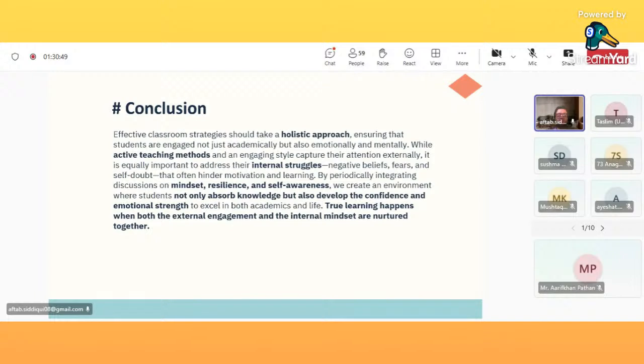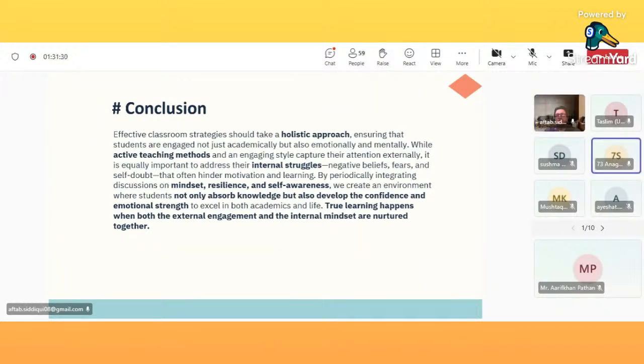Also, if you don't want to speak, you can write your question in the chat box, and the moderator will help to read that for me. Yes, please. People are thinking, what should I ask? Right? Anything, any random question. If you face any difficulty in the classroom, you can just ask whatever you're facing. Anything.